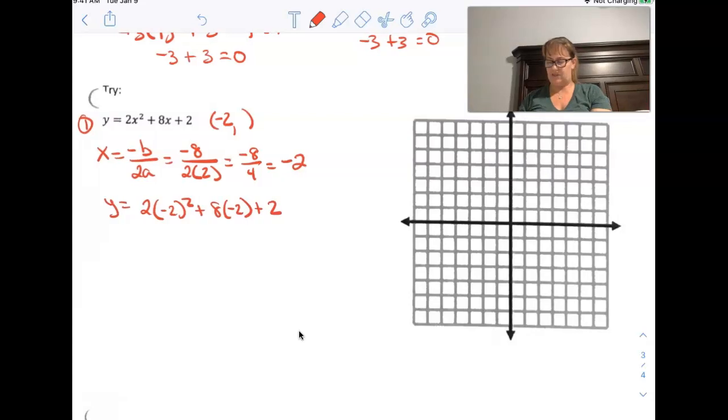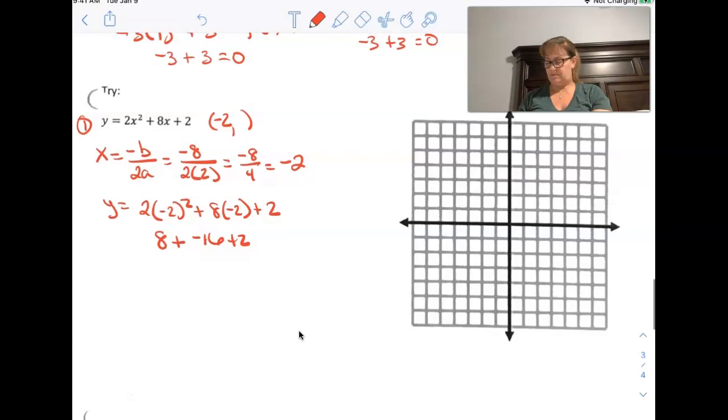So -2 squared is a 4, times 2 is 8, plus 8 times -2 is a -16, plus 2. 8 plus -16 is a -8, plus 2 is -6. So -2, -6 is our vertex. 1, 2, 3, 4, 5, 6. That's going to be right here.